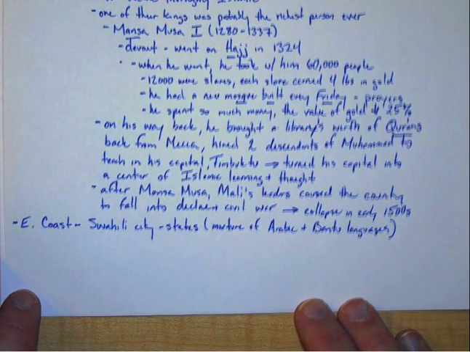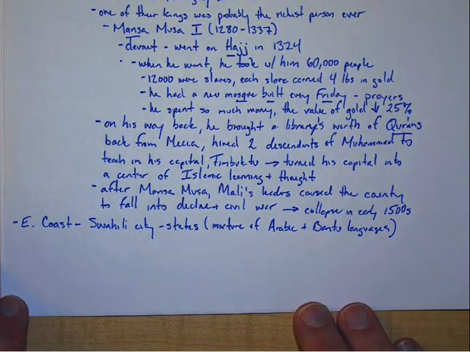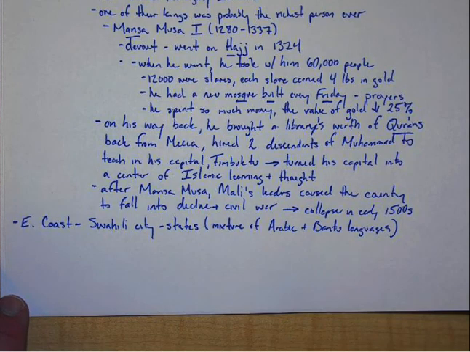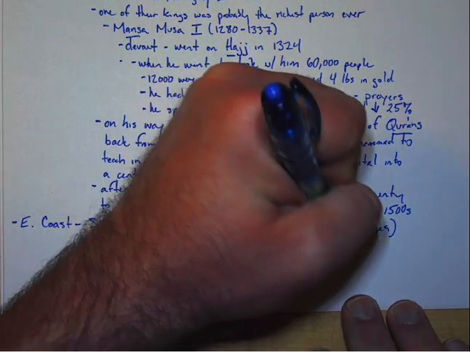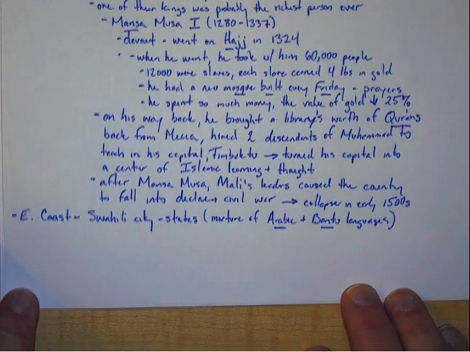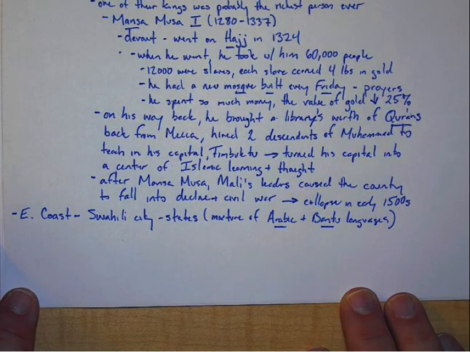And so we're kind of seeing the intersection of the Arabic trading world and the African trading world, coming together here on the east coast of Africa in these Swahili city-states.